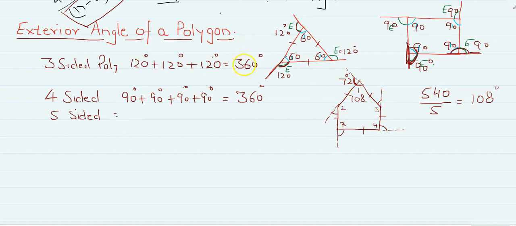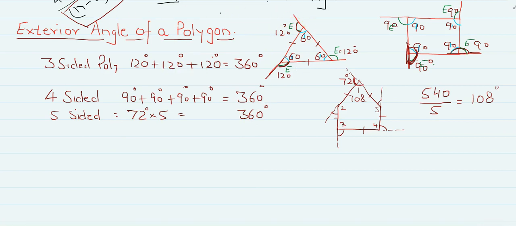So the sum of all exterior angles of a polygon having 5 sides will be 72 added 5 times, or we multiply 72 by 5. So this is 360.